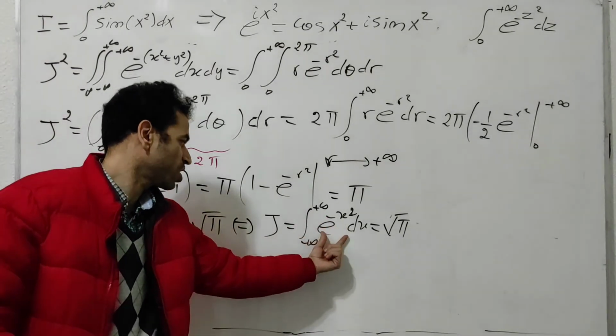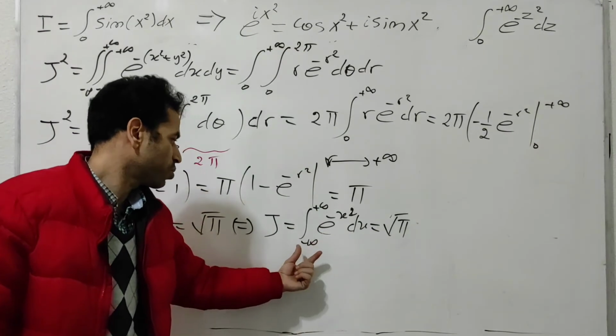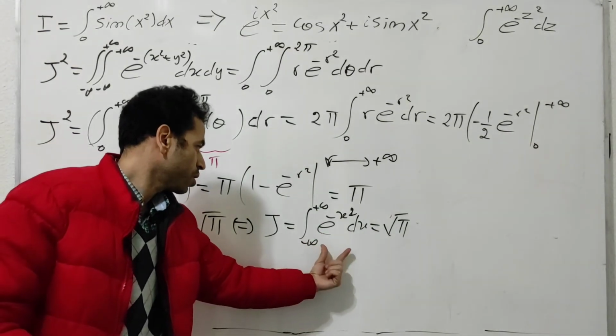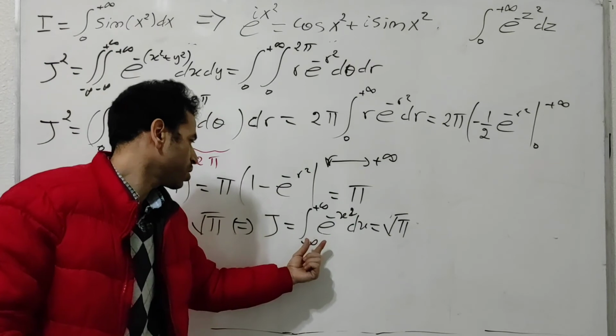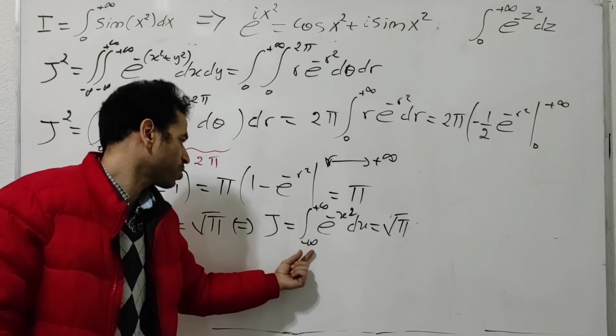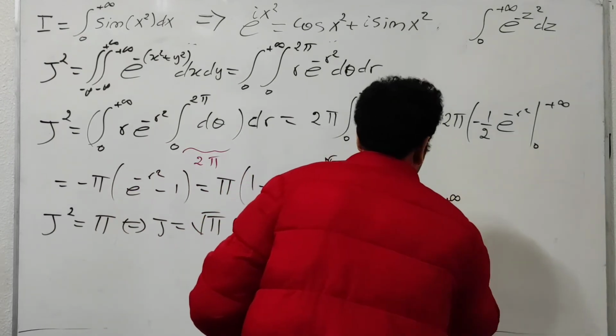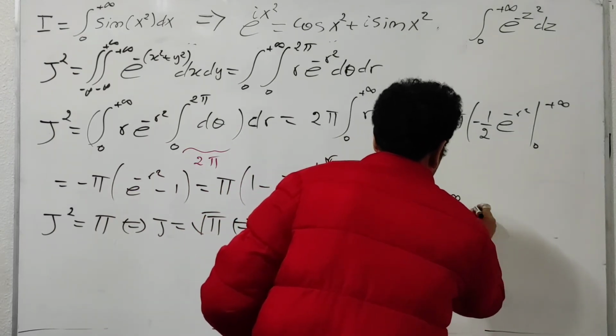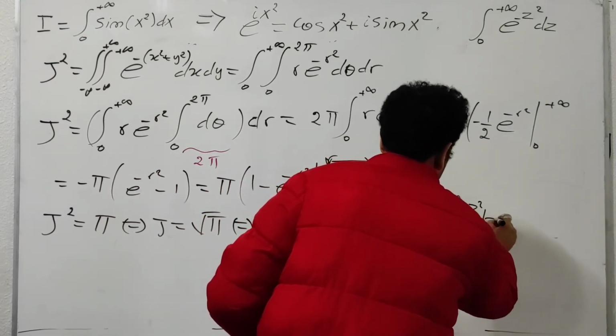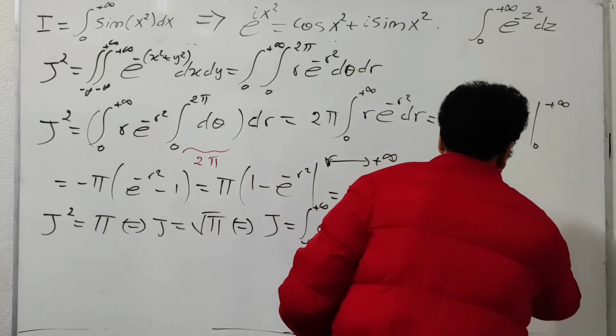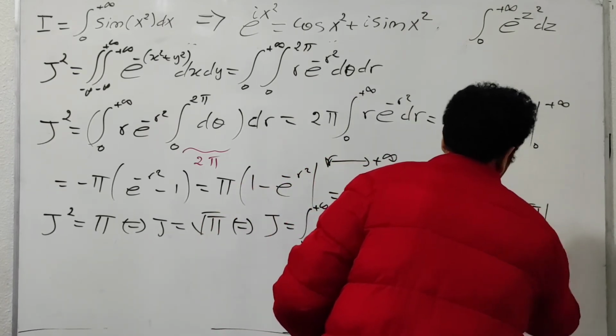Since this function is an even function, this integral equals 2 times the integral as x goes from 0 to plus infinity. That means the integral from 0 to plus infinity of e to the minus z square dz equals square root of pi over 2.